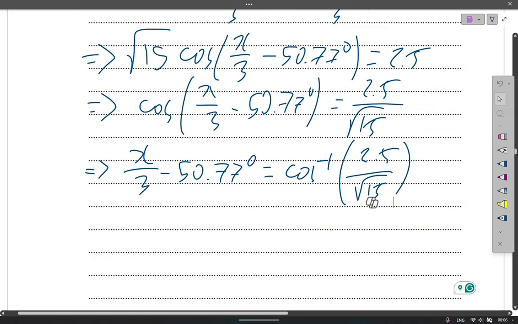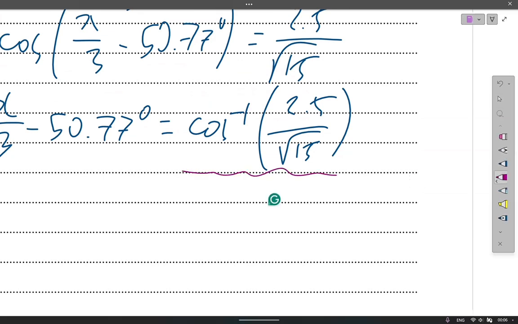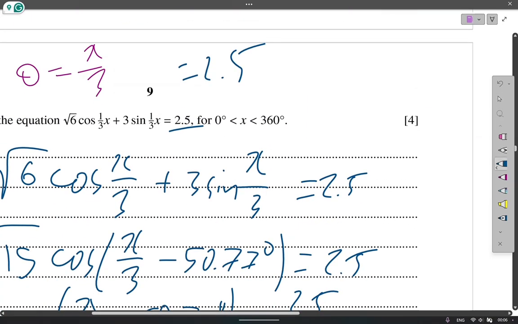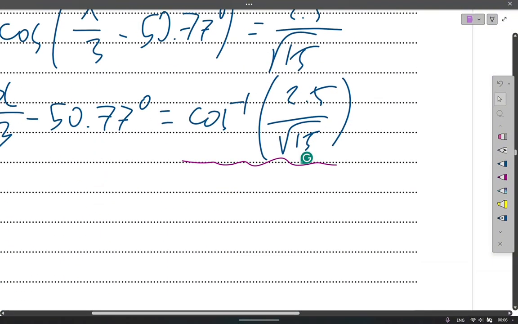So here, the cosine function can give us 2 values. One is positive, one is negative. So in this case, we have to solve for the interval between 0 and 360 degrees.